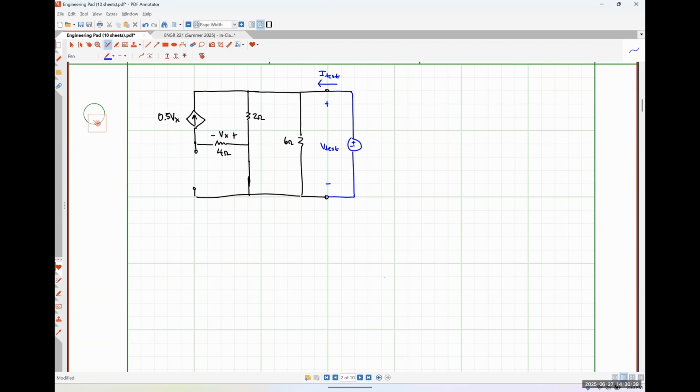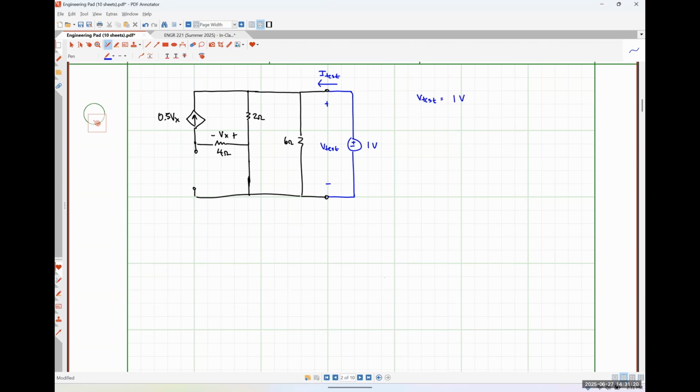You could choose either polarity, and I'm going to choose 1 volt as the value of my test voltage source, but this also does not matter. If you wanted to use 5 volts, or 17.4 volts, whatever you feel like is perfectly acceptable. You're going to get the correct result 100% of the time, regardless of what you choose for V test, because we're dealing with a linear network.